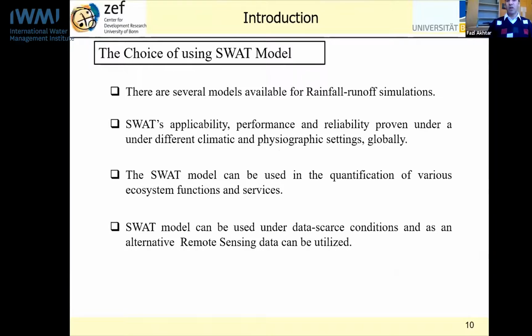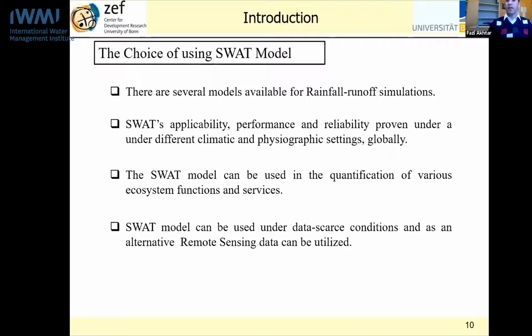The choice of using the SWAT model among many others was because it has been used in a wide range of studies, be it sediment flow, streamflow, or rainfall-runoff modeling. It has also been proven to be very accurate in different physiographic and climatic settings across the globe. These were the reasons I chose the SWAT model for the study.